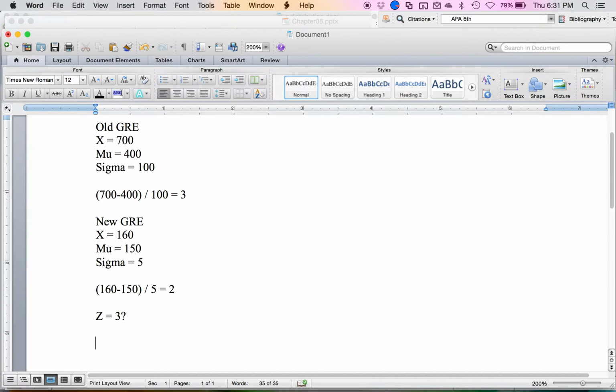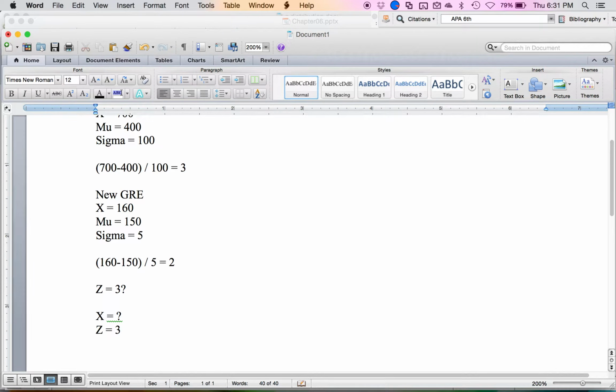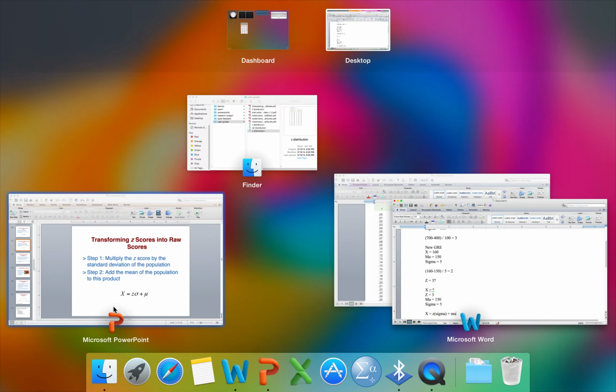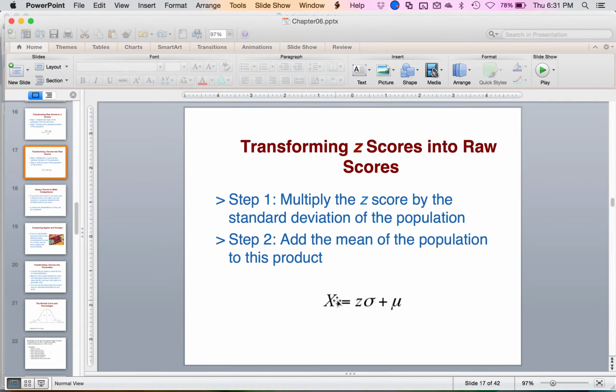So that one is, I'm going to look for the raw score by plugging in a z-score of 3 with the same mu and sigma. So that formula is that the raw score is that z-score times sigma plus mu. Okay. Which is the same thing I got over here on SPS, in PowerPoint.